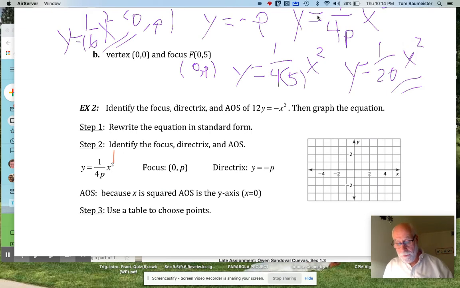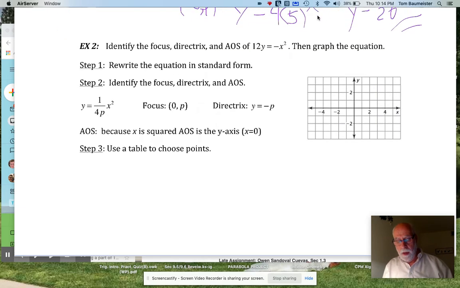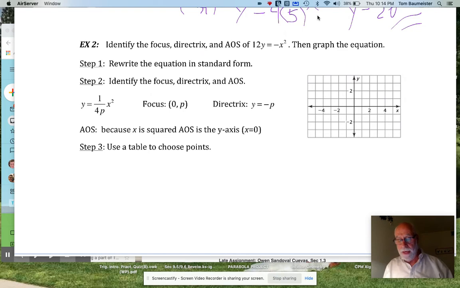When you get y by itself, you are going to divide by 12. All right? So on this one here, we'll get y is equal to 1/12, and that negative will be out in the front there now, x squared.